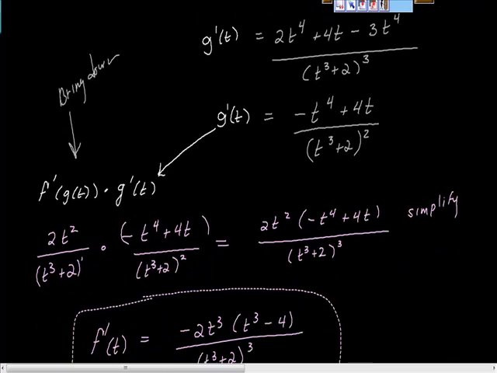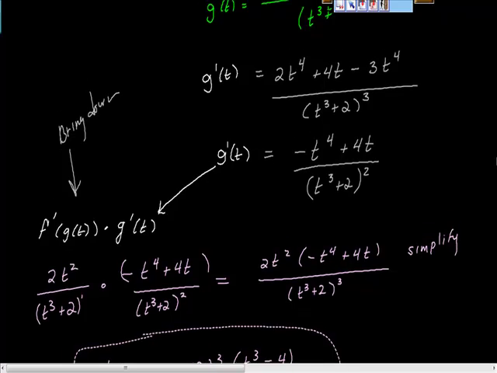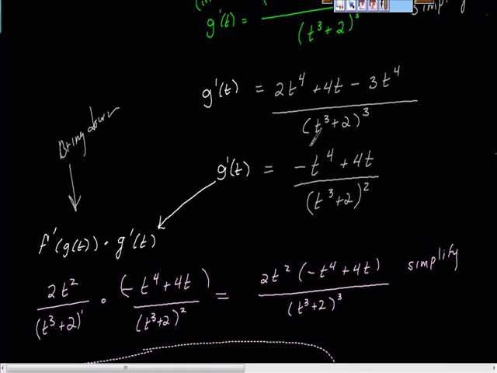We're going to have to start putting our pieces back together. If you remember from the very top, we had f prime at g of t times g prime at t, and we already had this piece right here. But we were missing this piece. So we went through all this to create this piece, g prime at t is equal to this.